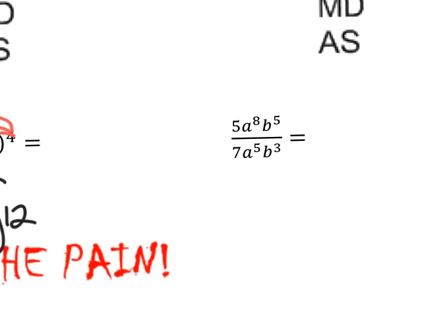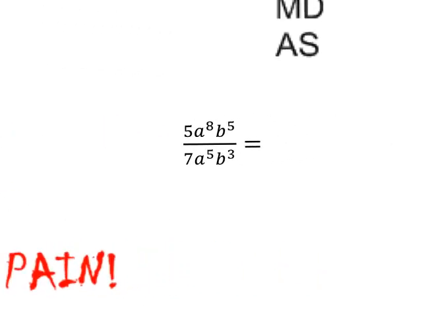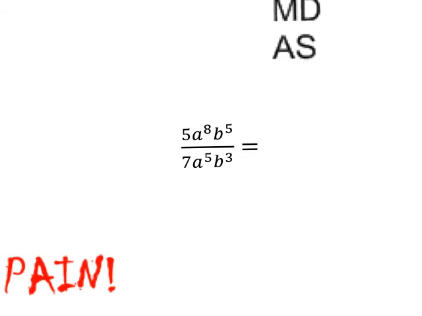All right, let's do our last example. In this case, if I just look at my coefficients of 5 and 7, well, that's not a fraction that simplifies. So I got 5 on the top and 7 on the bottom. Then I have a base of a, and I have 3 more of those on the top than I do on the bottom.